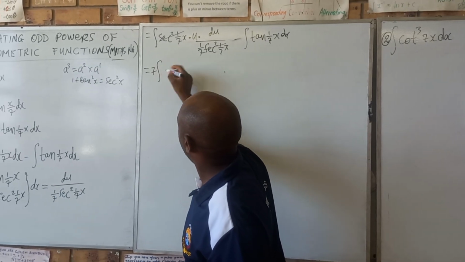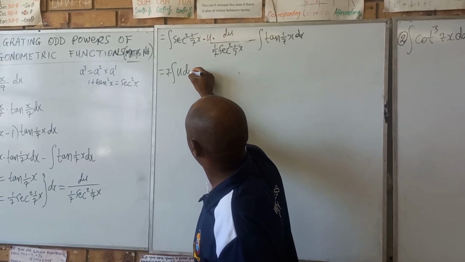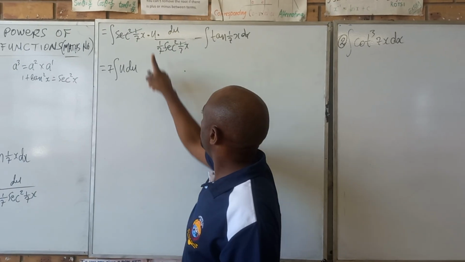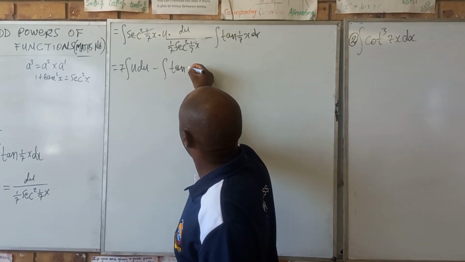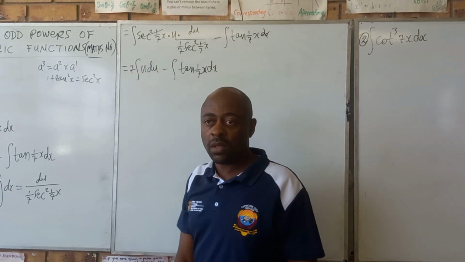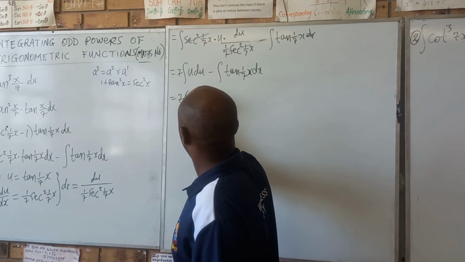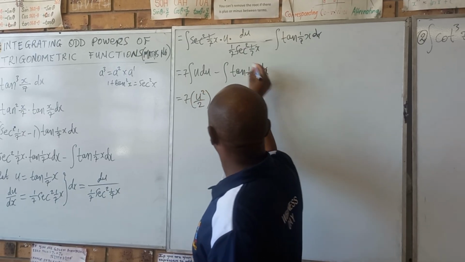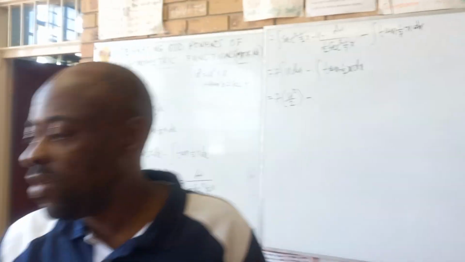Since 7 is a constant, it has nothing to do with the variable u, I take it out, so I'll get my du, then minus the integral of tan 1 over 7x dx. I will now do this integral with respect to u. This will be 7 into u squared over 2, then minus. To do this one, I simply look at page 2 of my formula sheet.